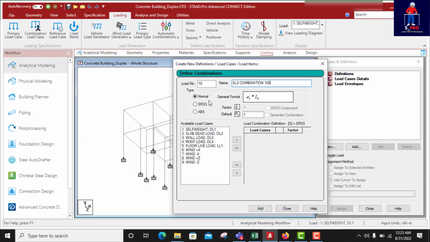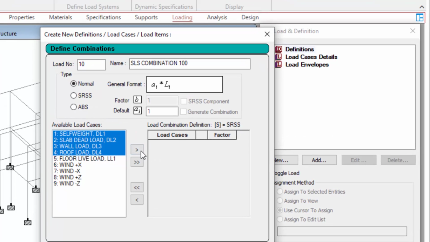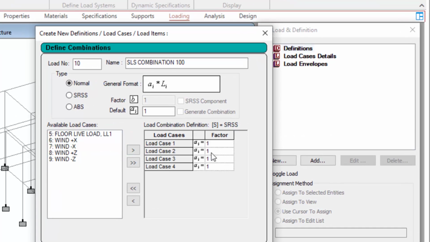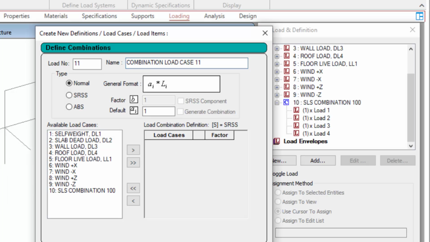So that will be my first load combination. I'll copy this so that I don't have to type again, and I'll add this as my load combination number 1.